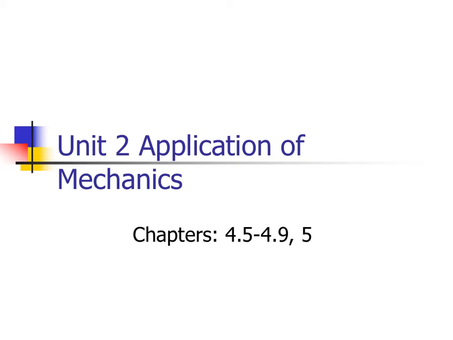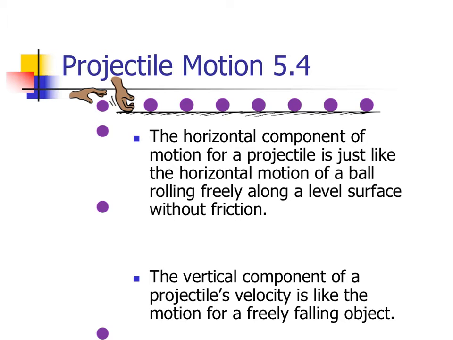So we'll continue on with a little bit of the applications of mechanics, and more specifically, projectile motion. One of the things that we have a tough time understanding is that the horizontal component of projectiles is just like a horizontal component of an object rolling on a table. It doesn't change.